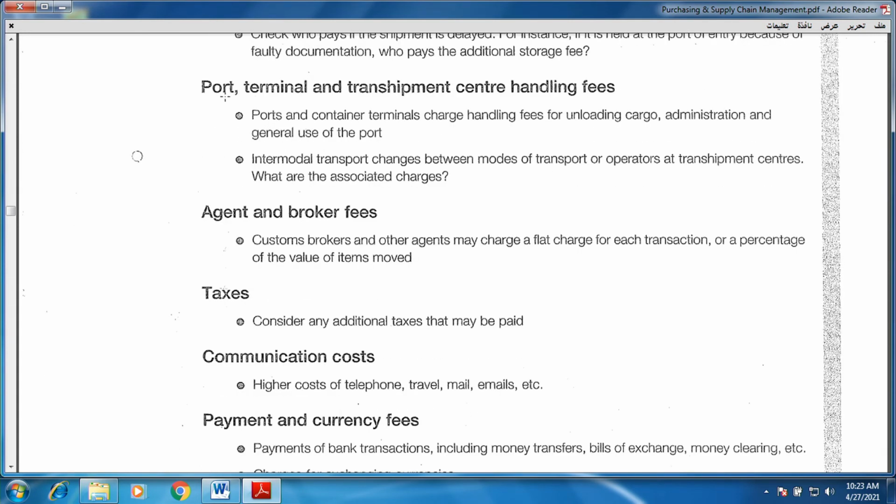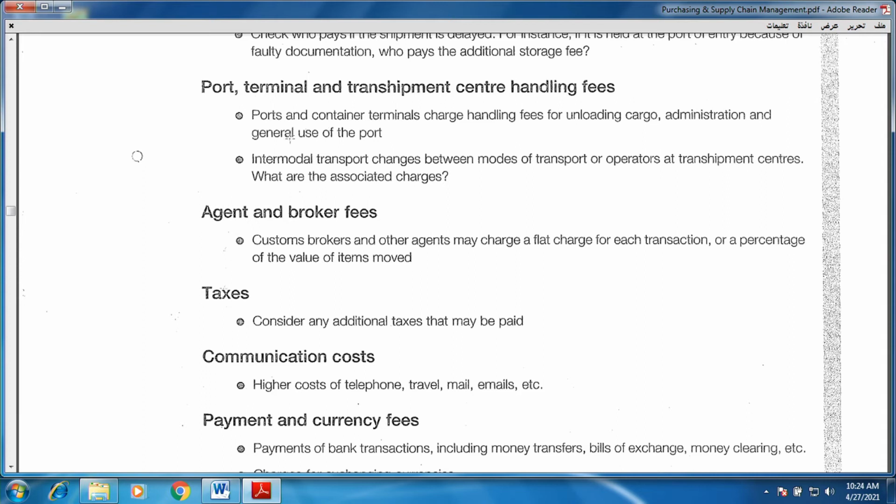There is money paid also to the port, as I said, to the terminal, for the transshipment. We have the handling fees. When the ship reaches the port or the terminal, we need to pay handling fees from the ship until they unload the cargo to the port area.